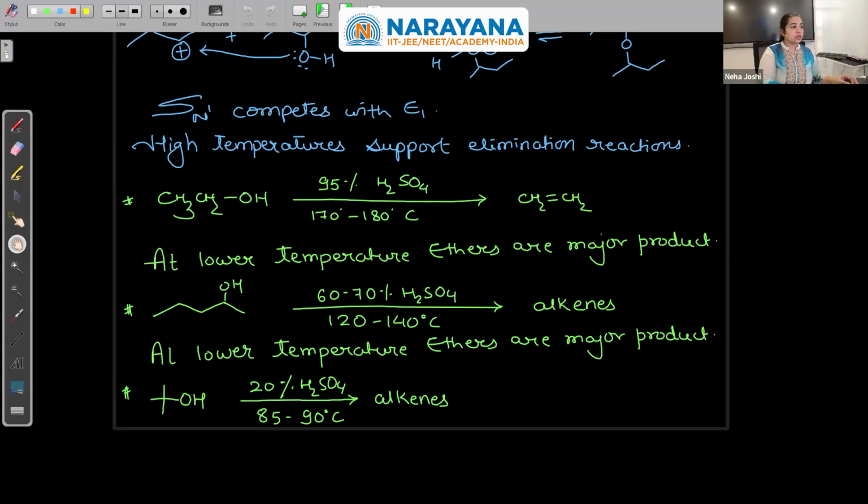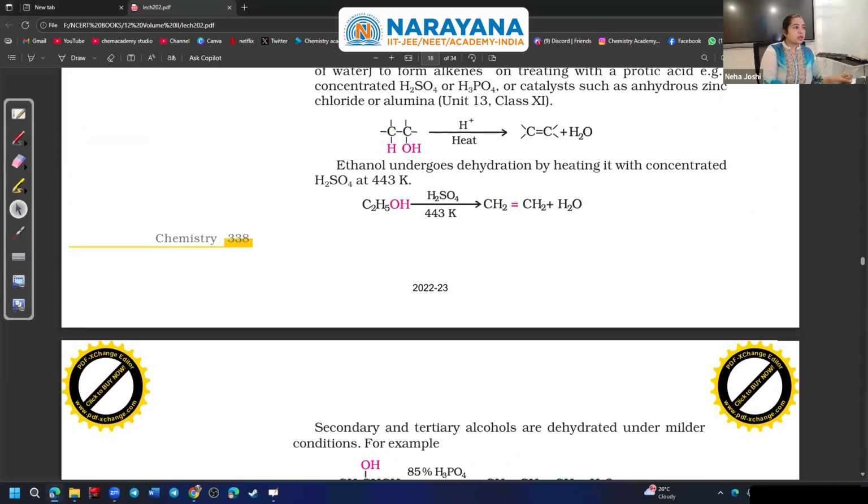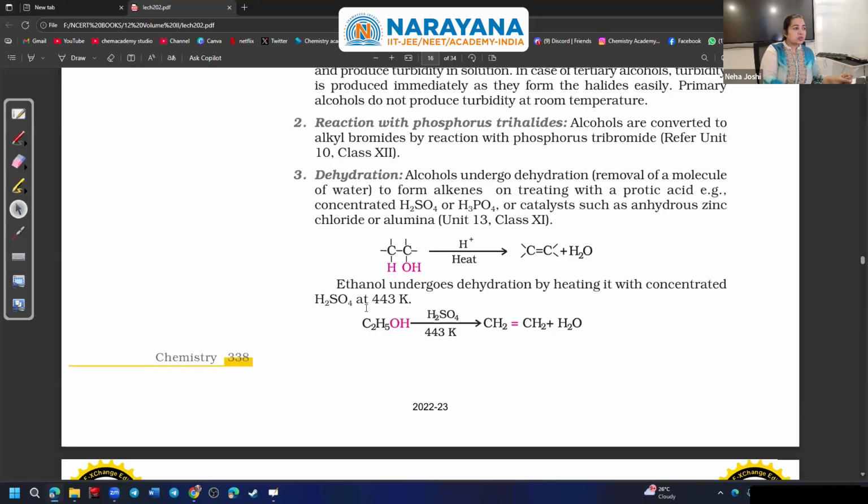Let me reach the exact place. How NCERT has written. Yes, here it is. You can see it now, right? So they have written dehydration. See, this is what I was referring to: ethanol, H2SO4, 443 Kelvin. So roughly around 170 to 180 degrees centigrade.